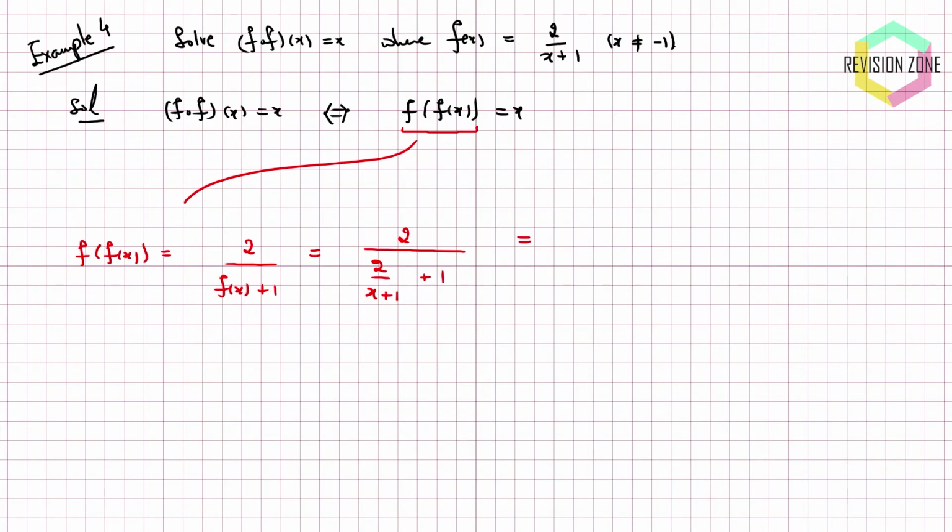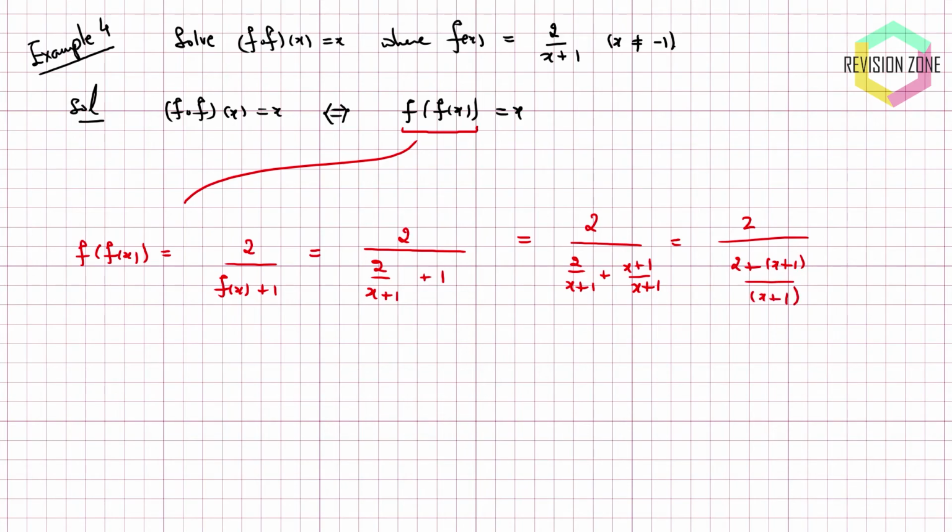So now it's really a matter of simplifying this. I'm going to make a common term here, so I'm going to multiply top and bottom by x plus 1. So I end up with that over 2 over x plus 1 plus x plus 1 over x plus 1. Then we can leave the 2 there and combine the top, and we can have x plus 1 here.